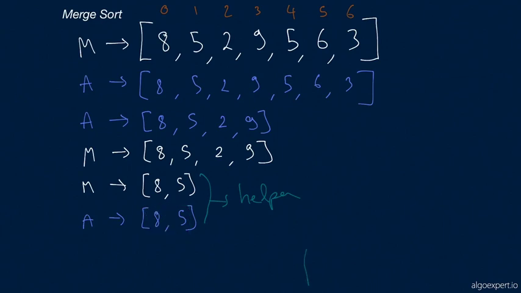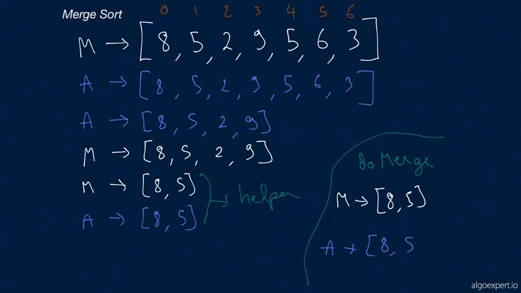Now we are in doMerge here, and we've got a main array or a top array which happens to be our main array, and we've got an auxiliary array which happens to be our actual auxiliary array. And we're going to say, okay, let's merge the values based on our pointers in this auxiliary array into sorted order in the main array.